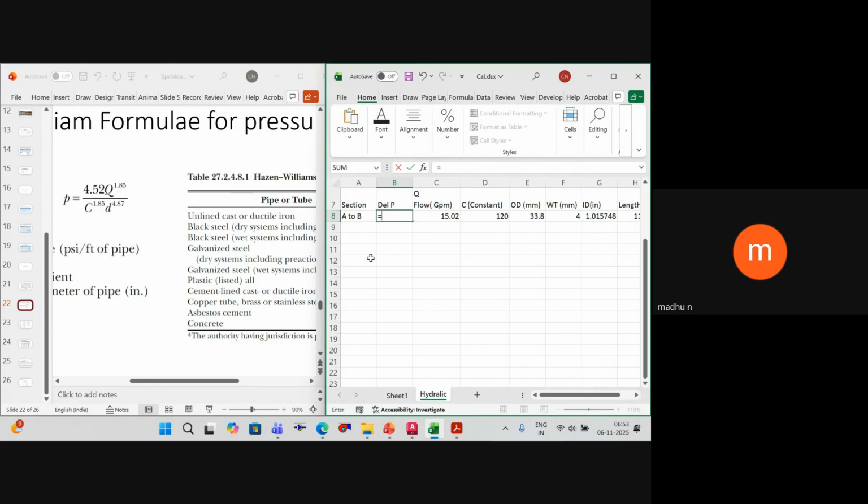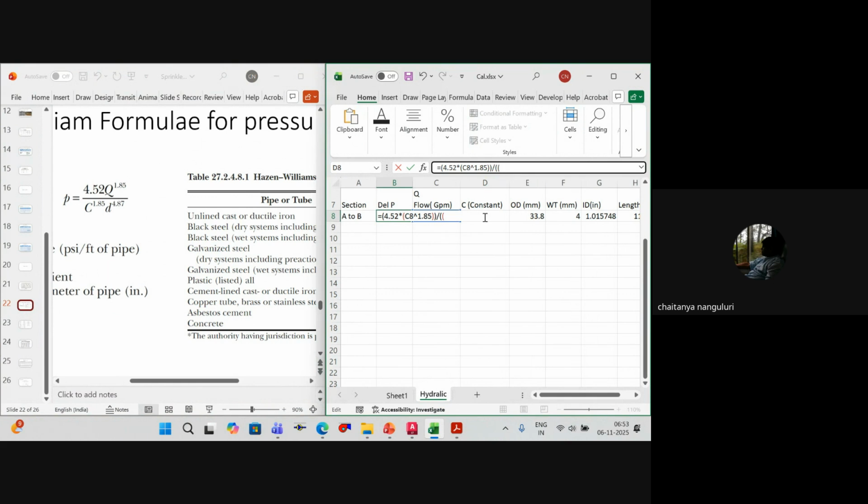P is equal to 4.52 into discharge, which is flow, power 1.85, divided by C power 1.85, with brackets for my ease.